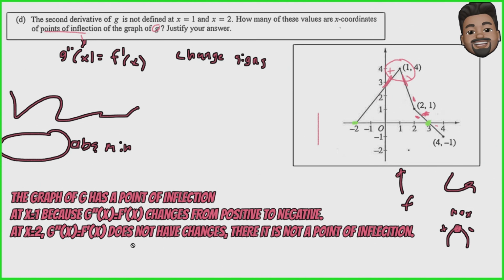That should say, by the way, my apologies, that should say does not change signs. Does not change signs, therefore it is not a point of inflection, okay? And that's what it means to be a point of inflection. So hopefully that's making sense.